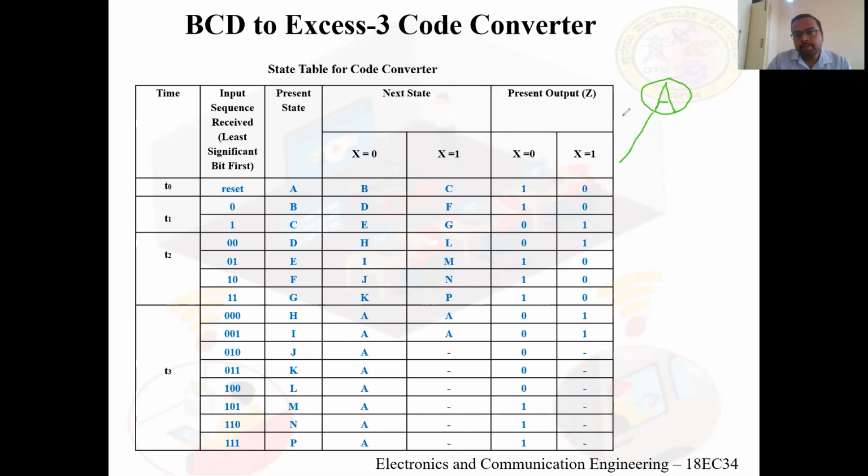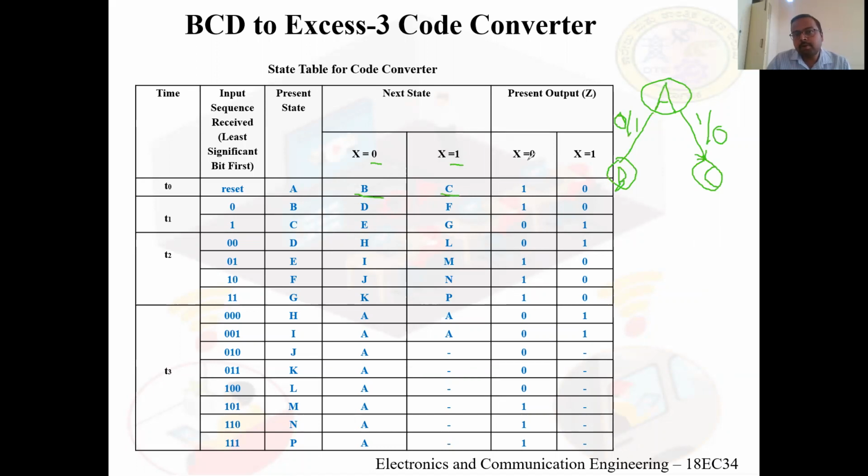When the received input is 0 here, the output will be 1, so you go to the state. Similarly for this one. Now when it is 1, the output will be 0, and it will go to the same state. So here, when x is 0, the next state is B. When x is 1, the next state is C.